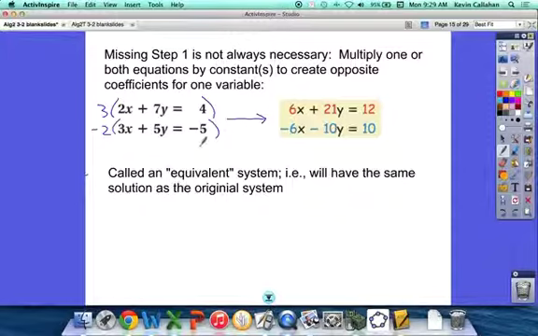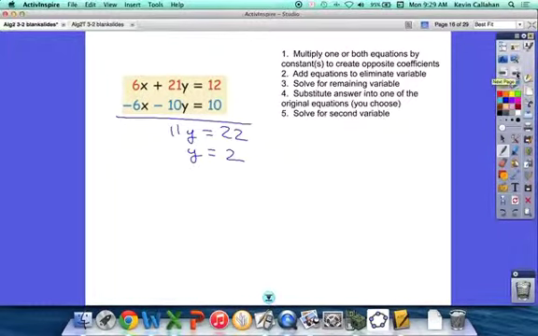I think that's why it says you choose. You choose where you want to go, and now you've got 4 options. How about we pick? What did we just solve for? We solved for y. So I'm going to put it in this one. 2x plus 7y equals 4.